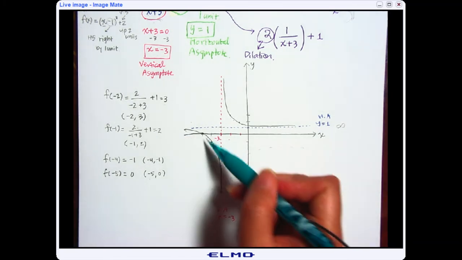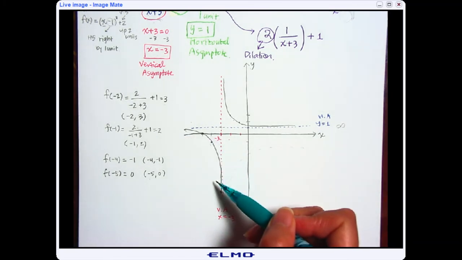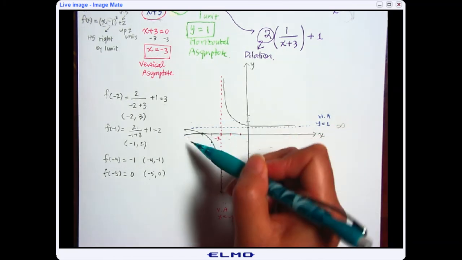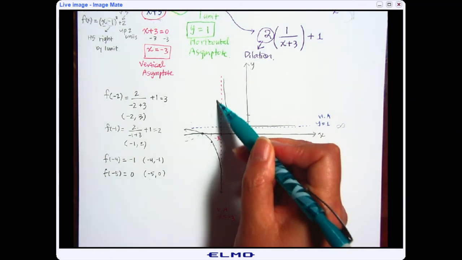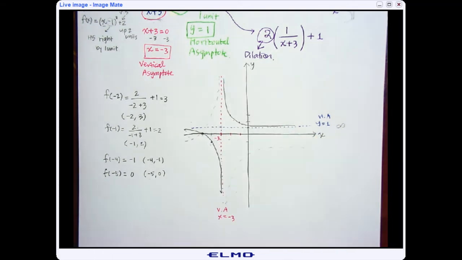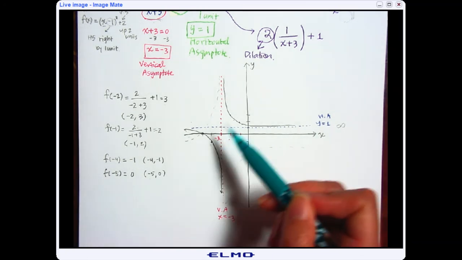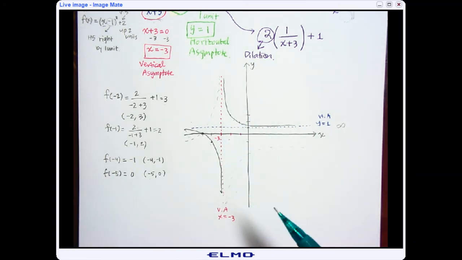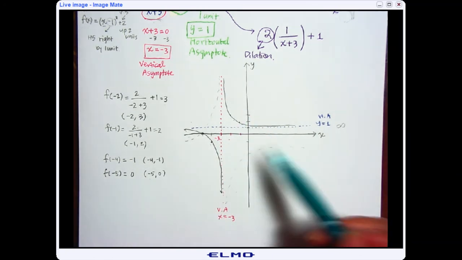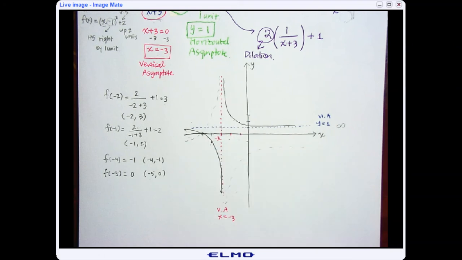And this part of the graph reflected over the x-axis could be up there. So the dashed line would be the very same shape, but reflected over the x-axis. Then it takes the other two quadrants to exist.